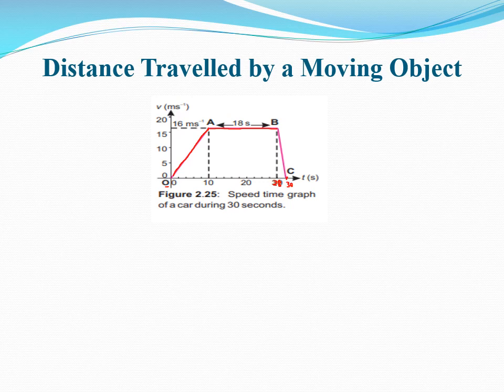So from 10 to 28, in 18 seconds the speed of the body remains constant, and upon reaching B, the speed of the body starts decreasing, and in further 2 seconds the body comes to rest. So this is the whole story of the journey of the body.